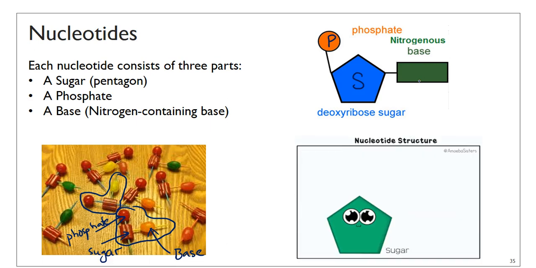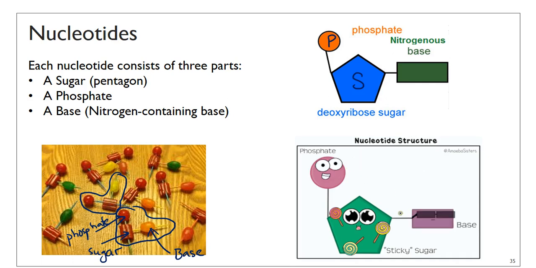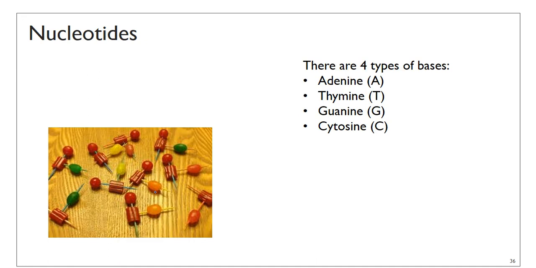So that's another representation. Sugar, phosphate, and the base. So three structures, a very unique shape. And hopefully you can see in this photo that every nucleotide has the same sugar and phosphate parts, but there are 4 different colors for the bases.